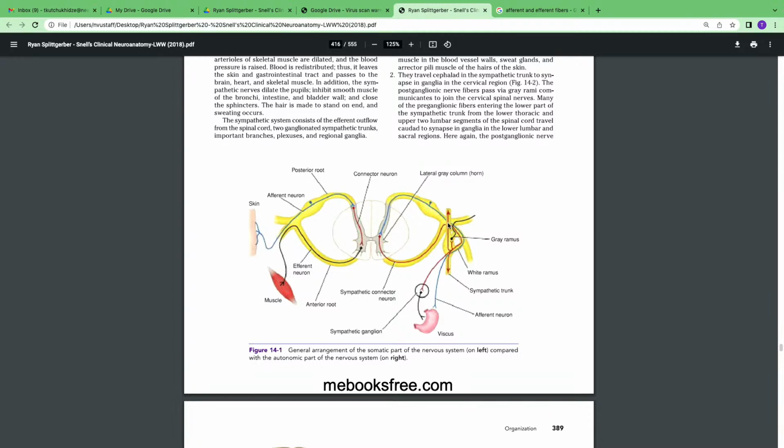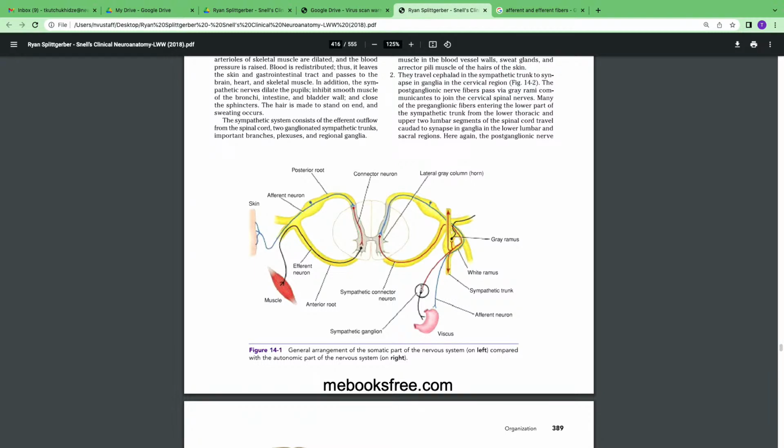So we can say that, for example, there are the gray columns, right? Where the gray column is here, we have the preganglionic neuron, and it is junctioning with the postganglionic, which is the black line here, and the postganglionic is merging with the organ system.